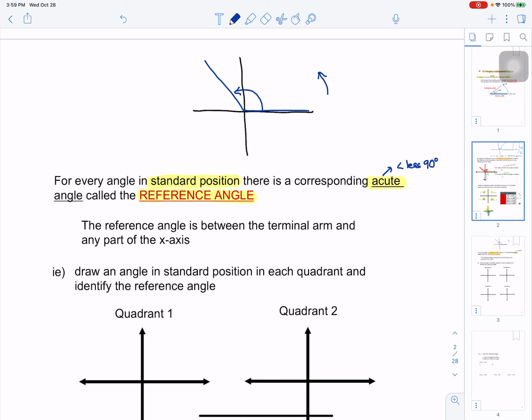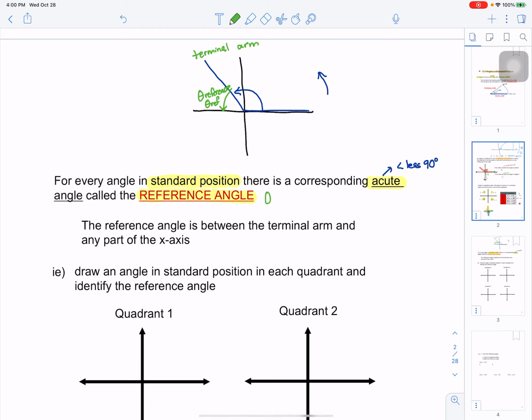So if I'm looking at my diagram above, my acute angle would go from the terminal arm to the closest x-axis, which is down here, and this angle is my reference angle. So we label it theta reference, or you can use theta ref to talk about my reference angle.